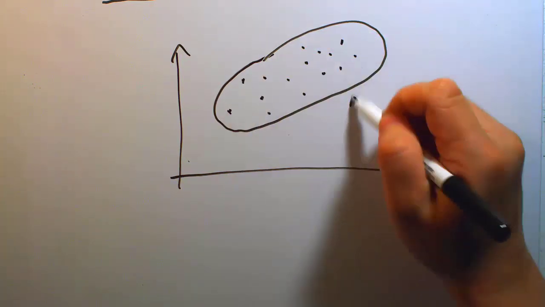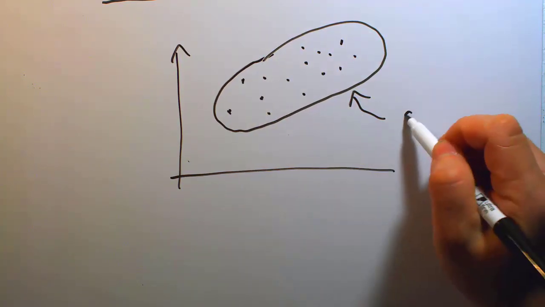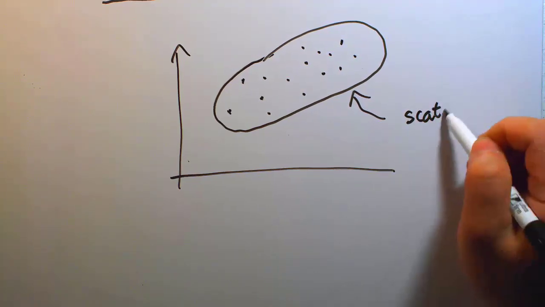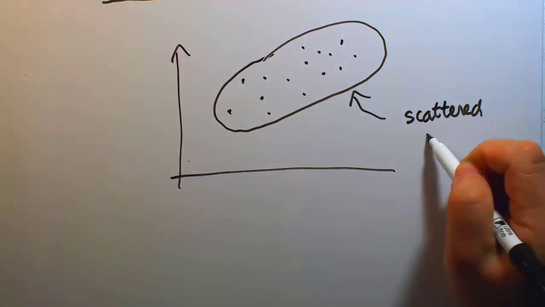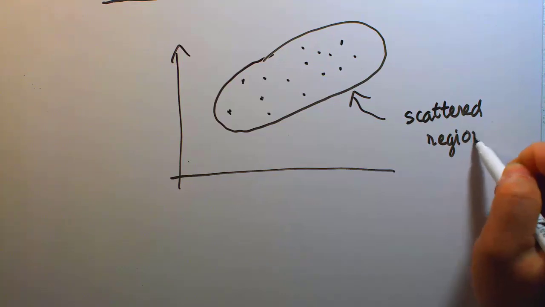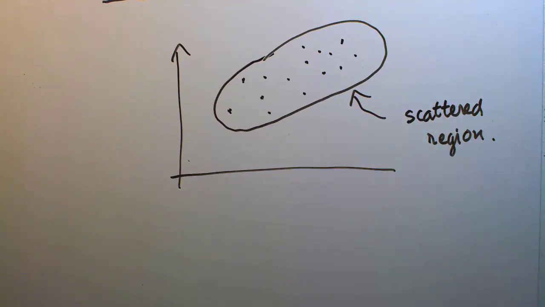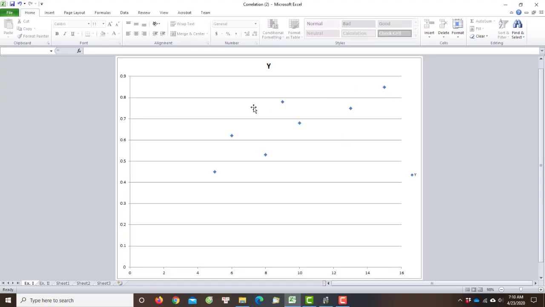And sometimes we use the term scatter region. So this scatter region is starting to tell a certain pattern about the data right here. This scatter region is similar to the one that we have on my computer screen right here.